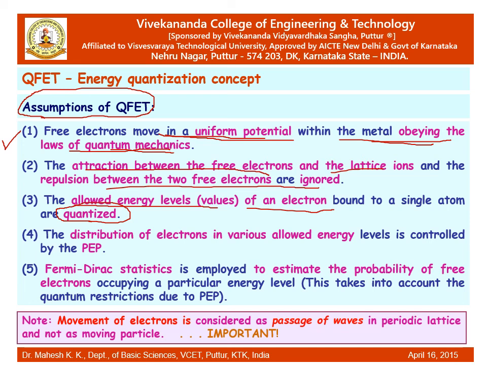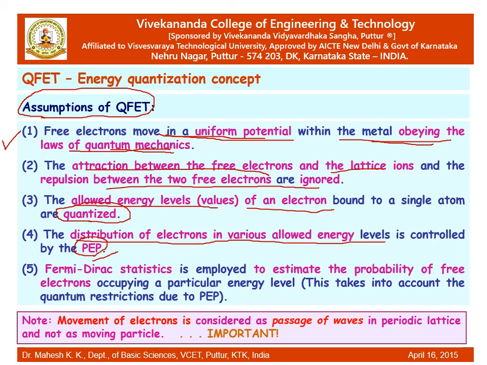They are bound to a single atom and they are quantized. The fourth one is that the distribution of electrons in various energy levels is controlled by Pauli's exclusion principle. So you can't just keep the electrons in any energy levels as you like; it is governed by Pauli's exclusion principle.